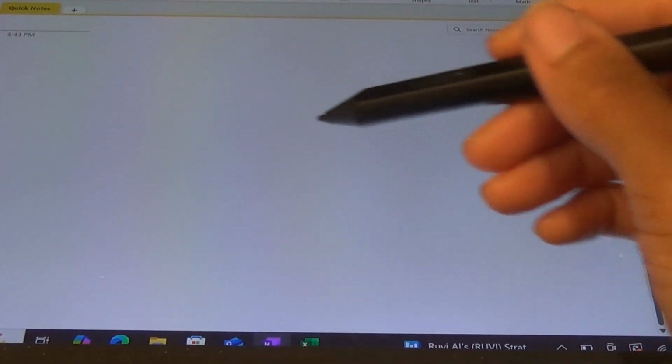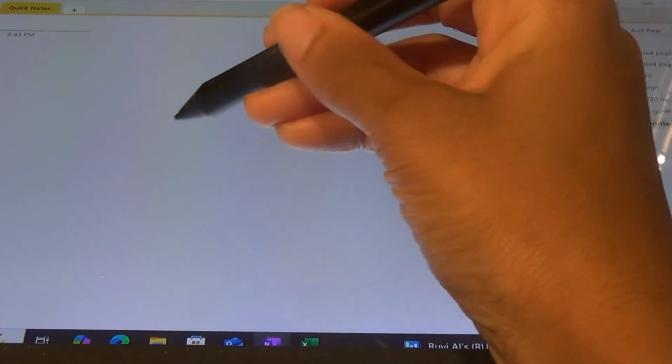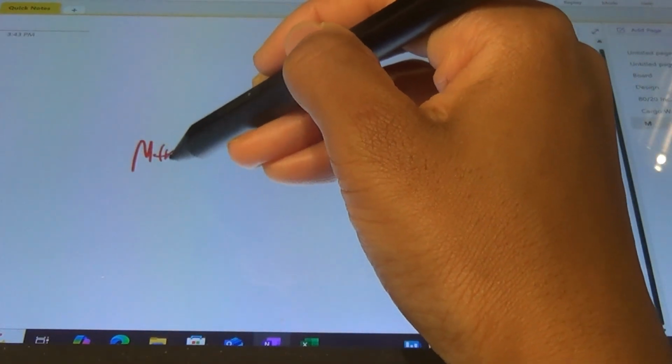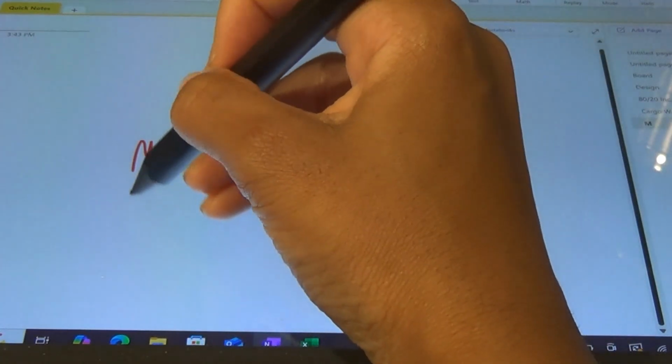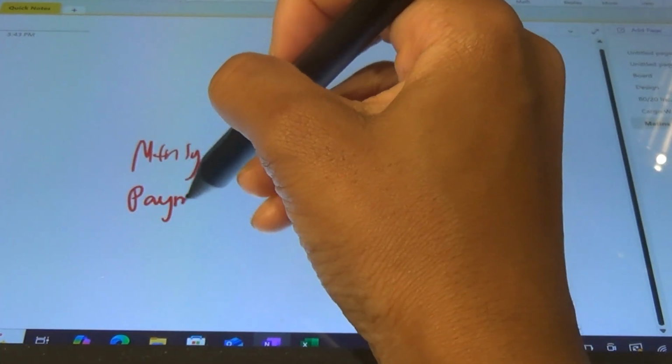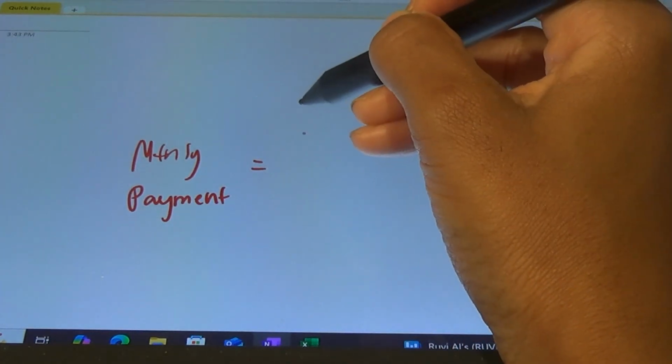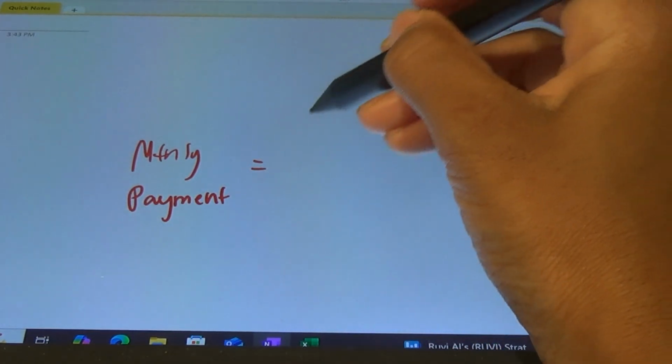Okay, so now that I've erased all that, let us write down the formula for the monthly payment. So, monthly payments going to equal, and I'm just going to write the formula. I am not going to try to say that.